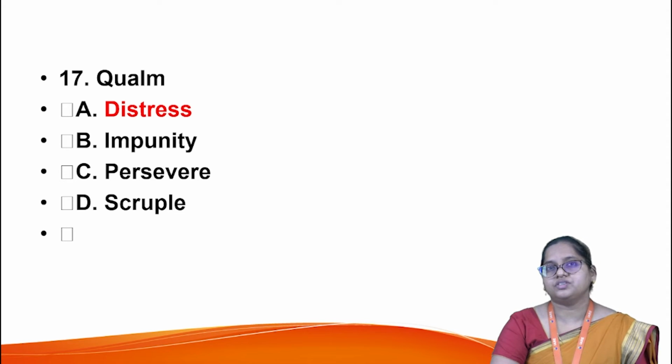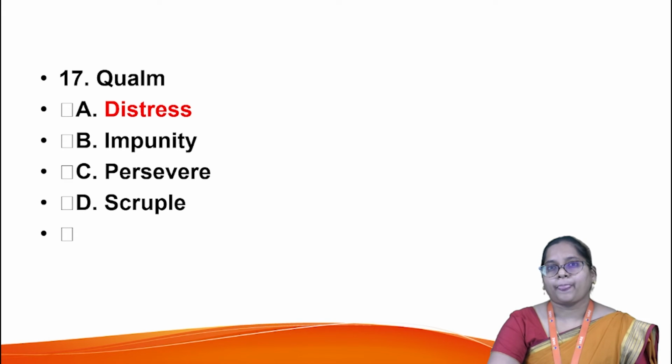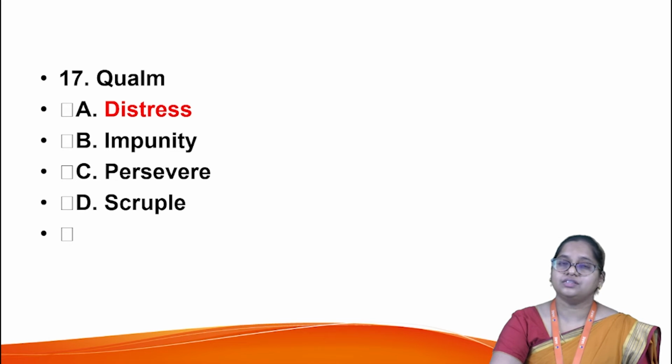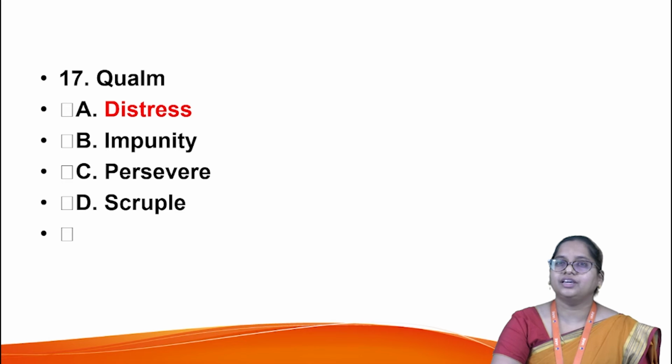Next, number 17. What does this word mean? The options given are: A, distress; B, impunity; C, persevere; D, scruple. Distress is when you feel the pain of it, you're sick of it, and you feel a severe sensation in your body.